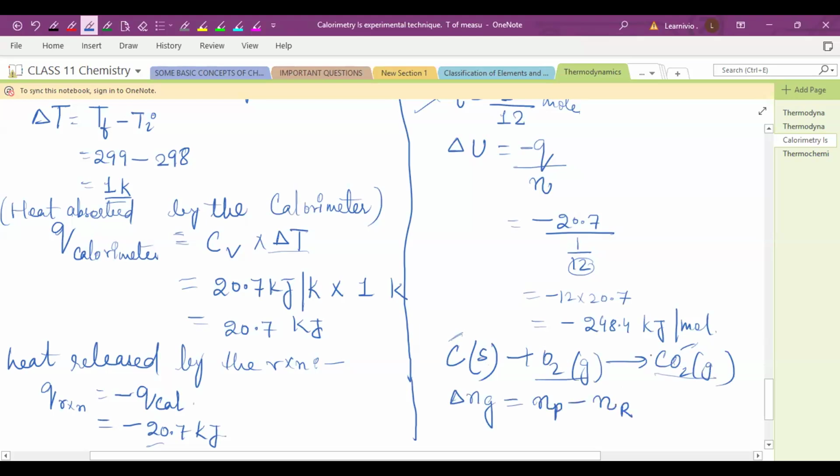And what moles do we take here? The coefficient, which is over here, 1. So 1 minus 1. So here the change in the number of moles is 0.